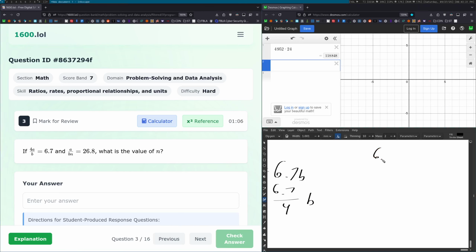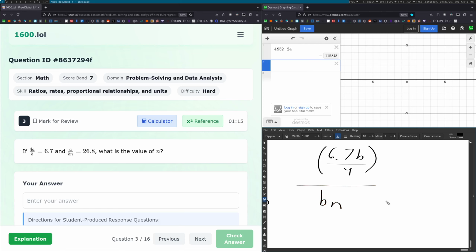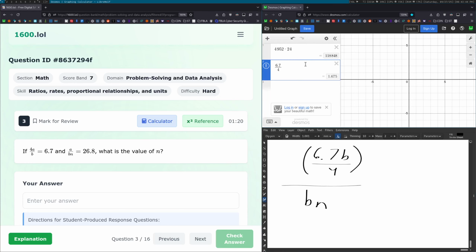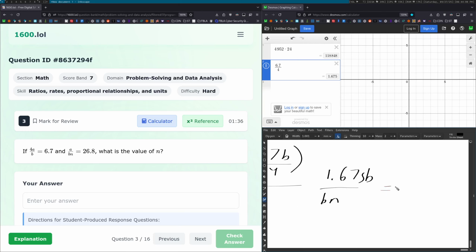So we have 6.7b over 4, all over bn. Let's see what that is real quick. 6.7 over 4 is 1.675. So 1.675 b over bn is equal to 26.8.